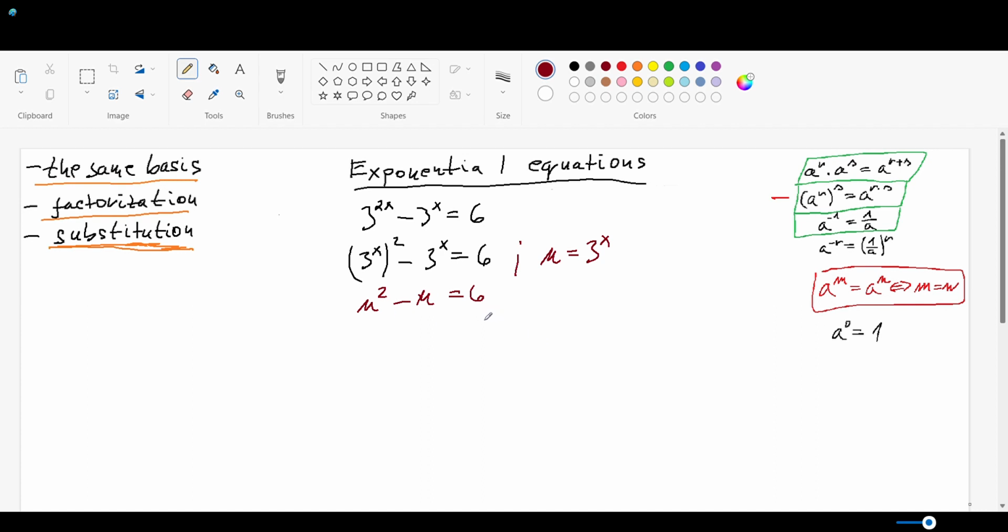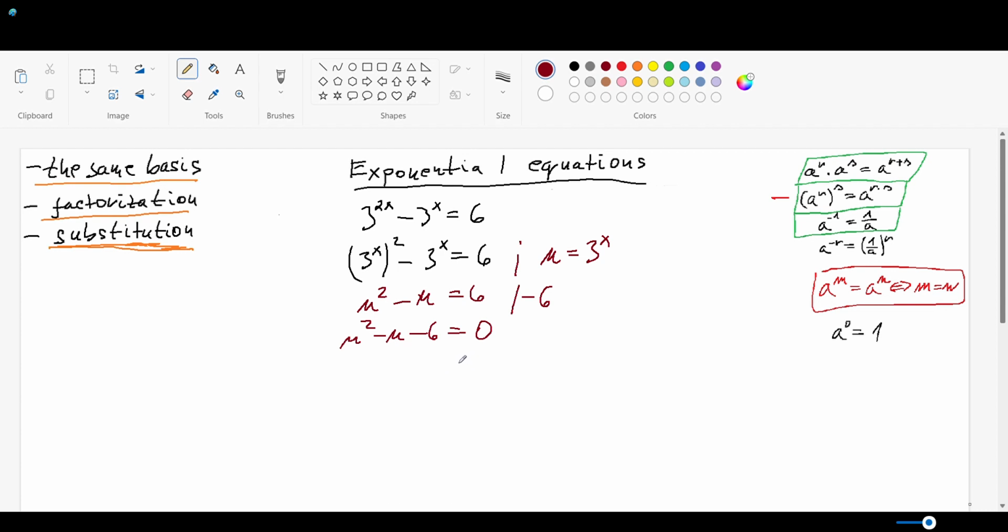And this is something which you can solve very easily, because if you have a look at this equation, you can simply see that after the operation take away 6 from both sides, you will get something which you really already know, and this is our quadratic equation.